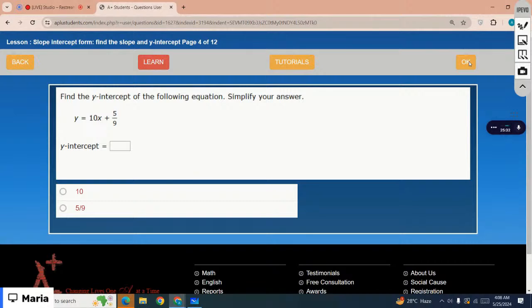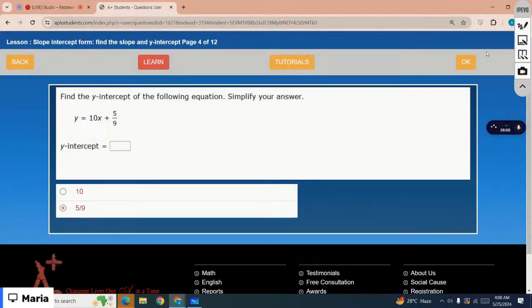Find the y-intercept of the following equation. Simplify your answer. Y equals 10 over 10x plus 5 by 9. So which is the y-intercept? Yes, that is 5 by 9.